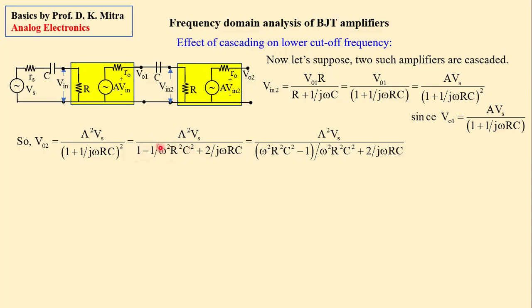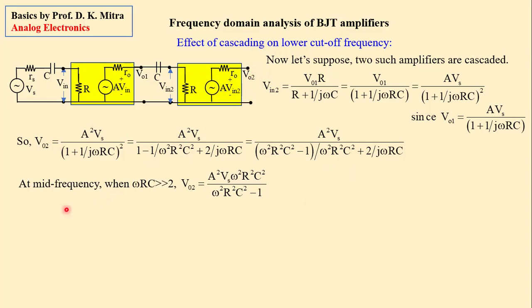These two things together make omega square R square C square minus 1, divided by omega square R square C square. And this part is 2 upon j omega RC. So this is the output VO2.